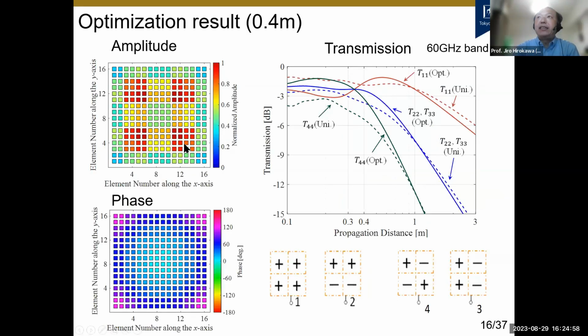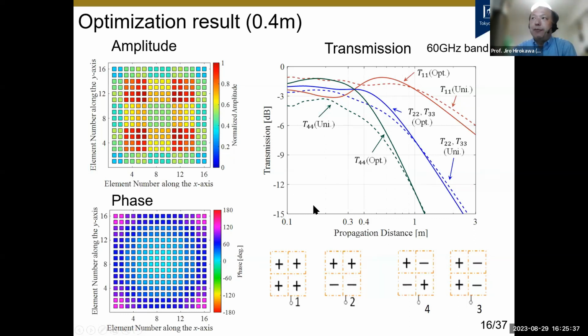So we optimize the amplitude distribution and phase distribution for the distance of 0.4 meter. For each desired distance, we have to apply different excitation coefficients. In this case, we realize it for 0.4 meter, for a 16 by 16 element array. And in this simulation, we use the 60 gigahertz band.